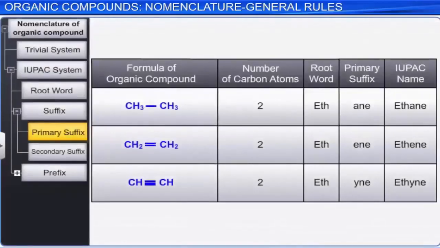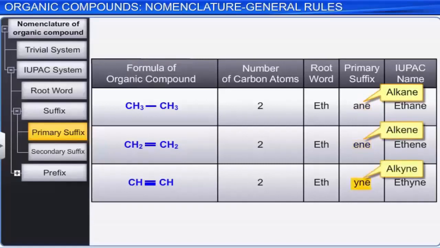A primary suffix is added to the end of the root word. It indicates if a compound is saturated or unsaturated, that is, whether the compound consists of single or multiple bonds. The three primary suffixes are ane for alkane, ene for alkene, and yne for alkyne.